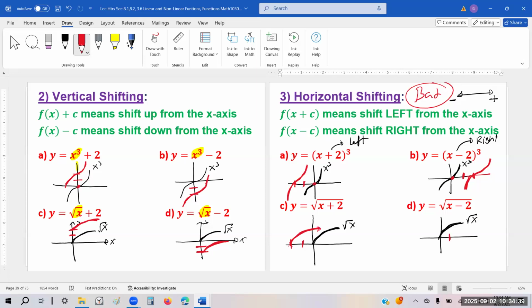Here you go 2 units to the right and start your graph from 2. So the black is the original one, and the red are the transformation. So take this, go 2 units to the right, because it's -2 inside, you square it. And these are the 3 original transformation.